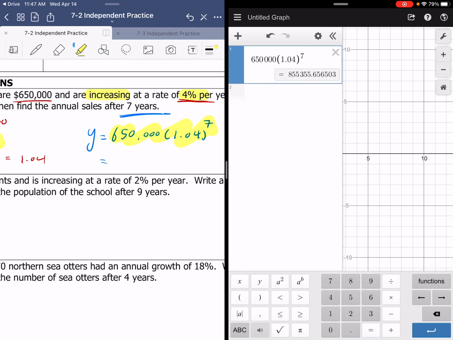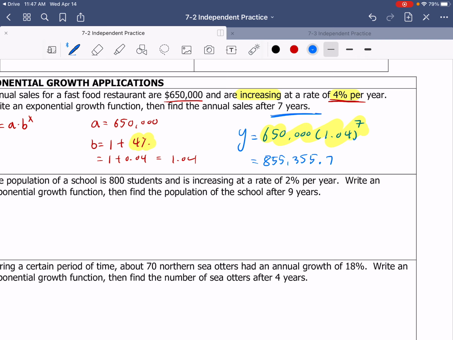Then you're gonna get this ugly number, but that's what you get. 855,355.7, that's rounded. But you don't really have to round it, just in case you need it for the state test. All right.